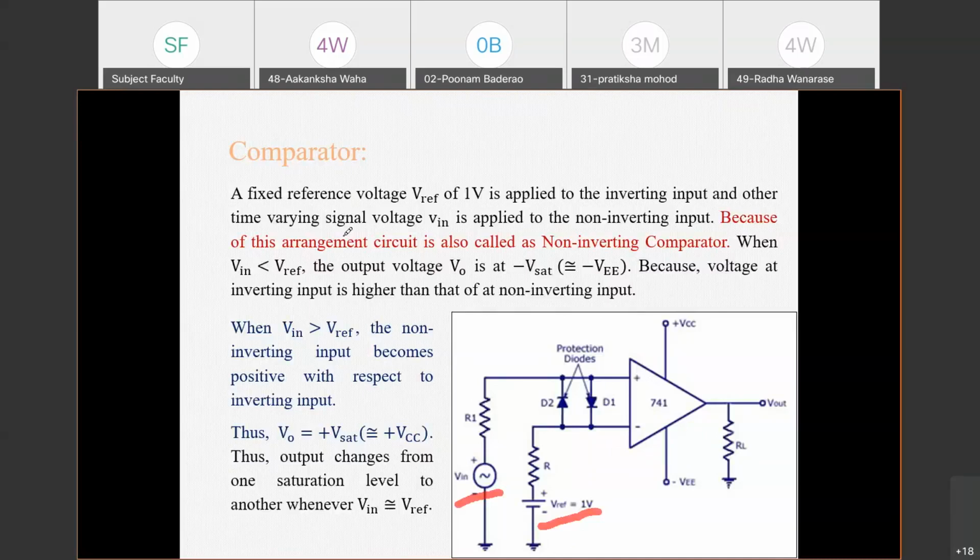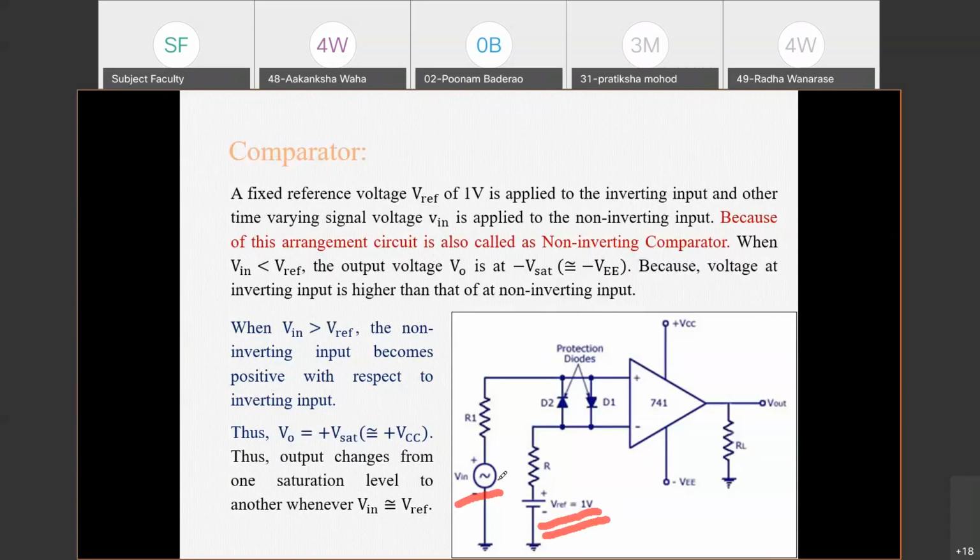Because of this arrangement, this circuit is also called a non-inverting comparator. You should remember this as non-inverting comparator. Why non-inverting? Because the input is given to the non-inverting terminal. V reference is not input, don't get confused. V reference is just a reference voltage which is having constant value.